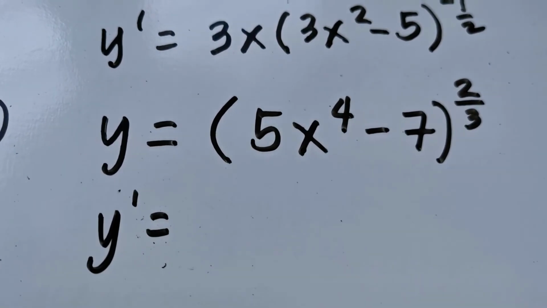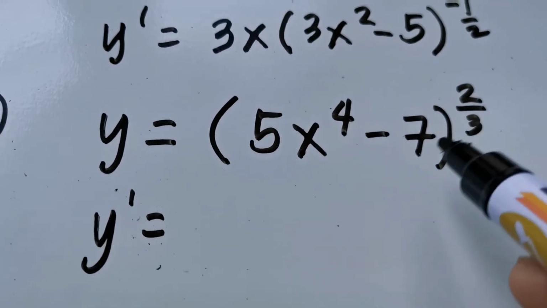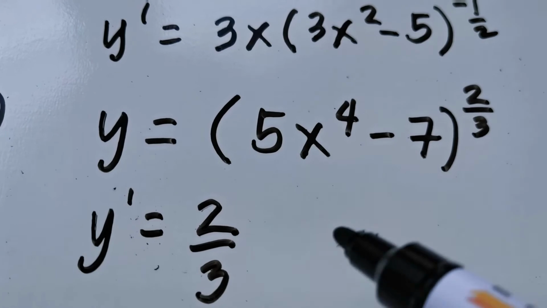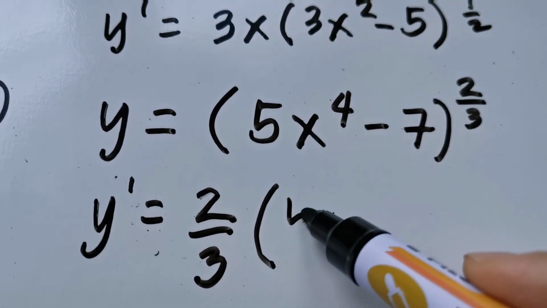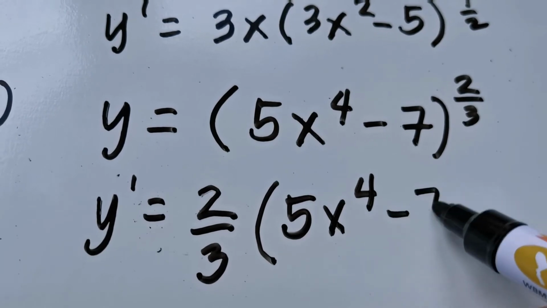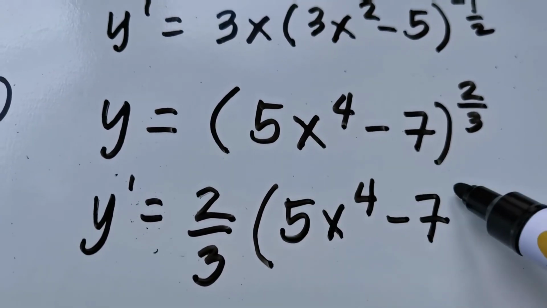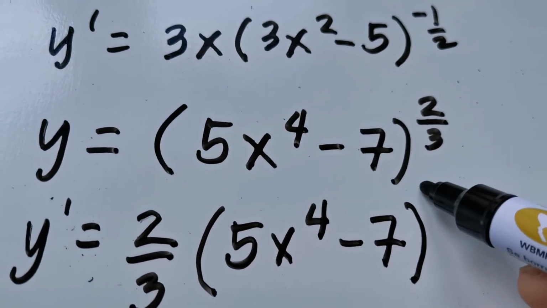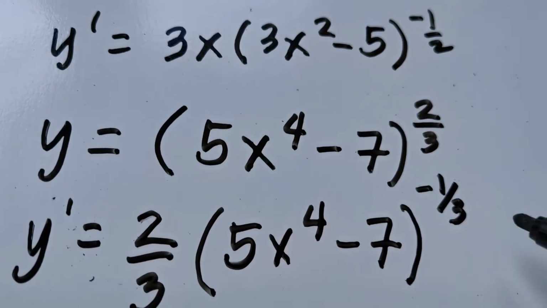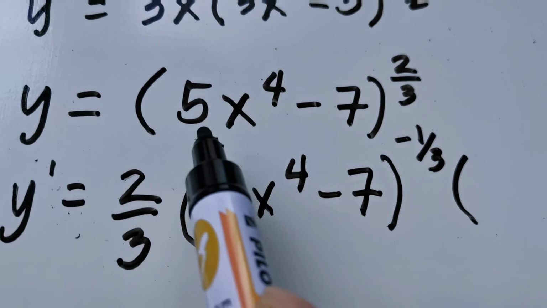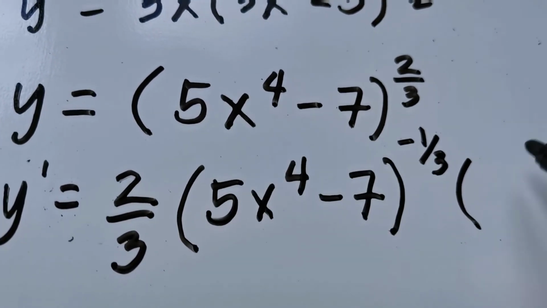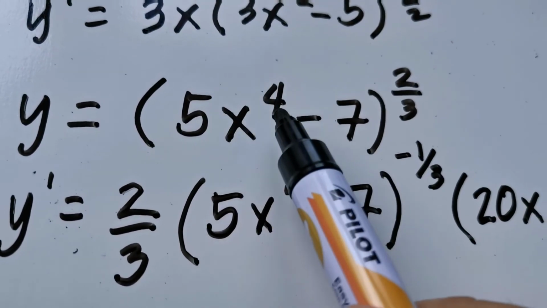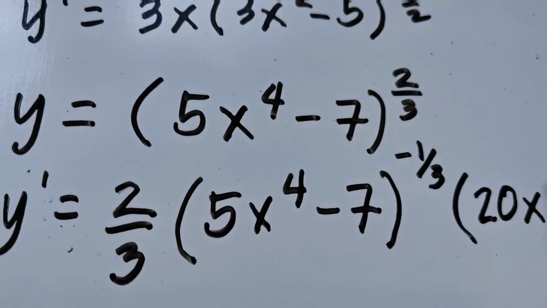So to get the derivative of this, we have to multiply the exponent outside the parentheses. So we have 2/3 times 5x to the 4th minus 7. We just copied the inner function, and we will subtract 1 from 2/3, so we have negative 1/3, times the derivative of our inner function, which is 20x, then subtract 1 from 4, we have 3.